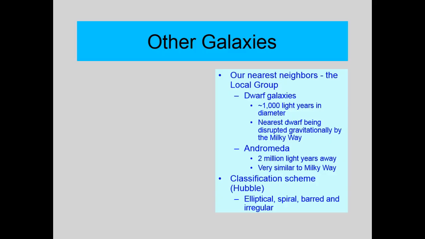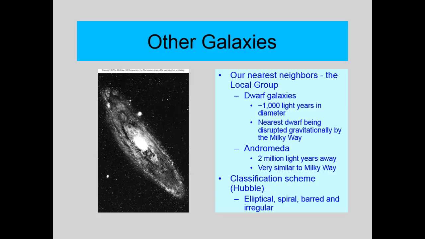Okay. Now, in your text, you have a picture from NASA, Jet Propulsion Lab at Caltech. They took this picture of the Andromeda Galaxy, the one on the slide here.